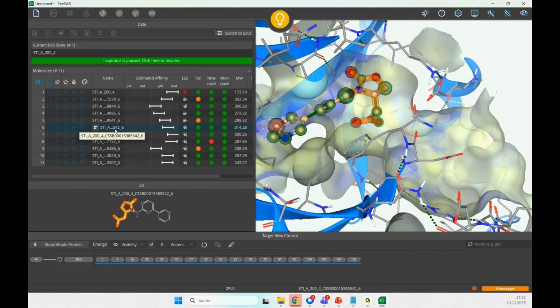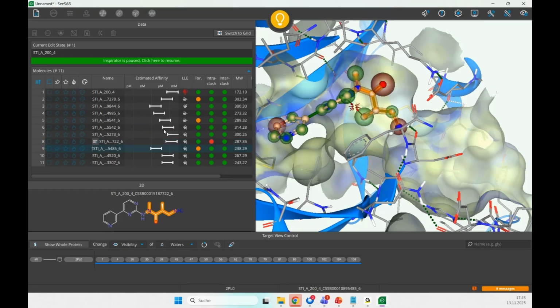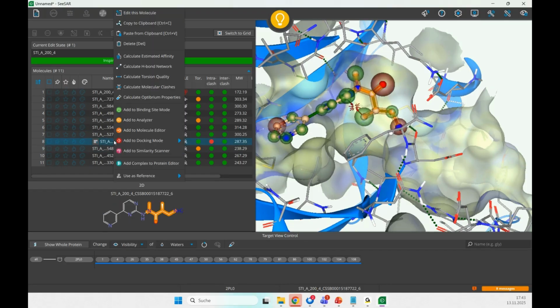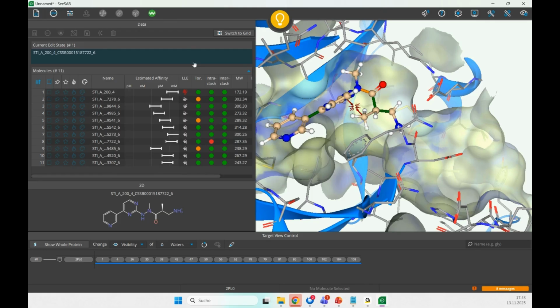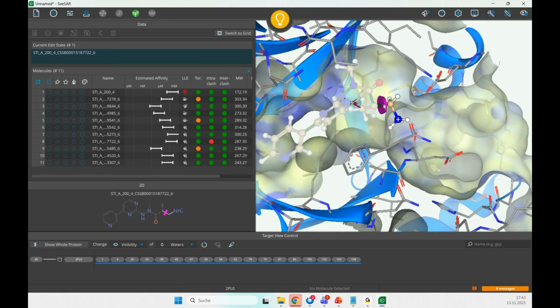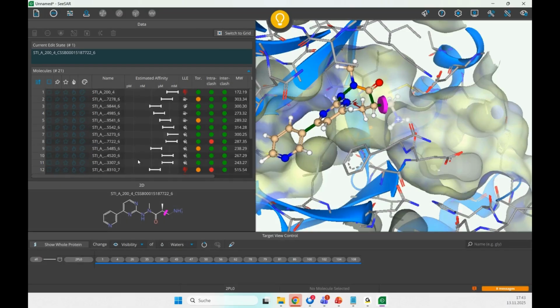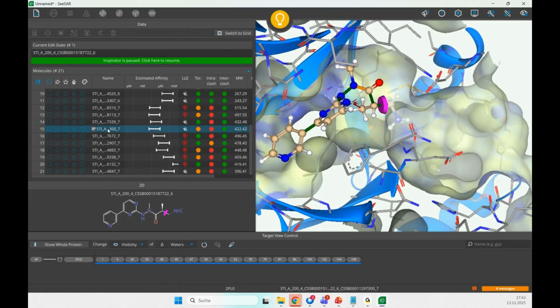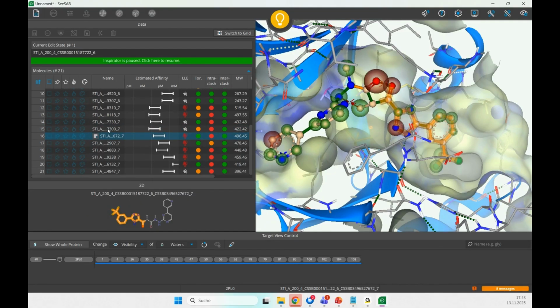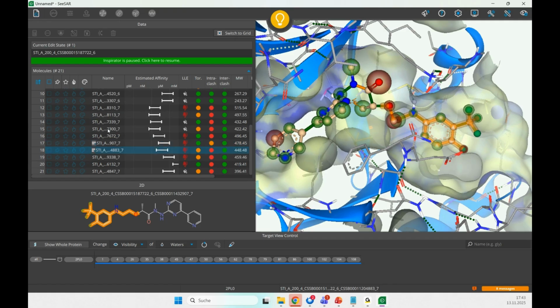Another scenario for fragment-based drug design is compound merging, fragment merging and fragment linking. So taking back to the molecule editor, we have our two smaller fragments that we have created. And what I will do now, I will transfer both at the same time into the Inspirator mode. And now I will try to connect them by defining exit vectors on both of them.